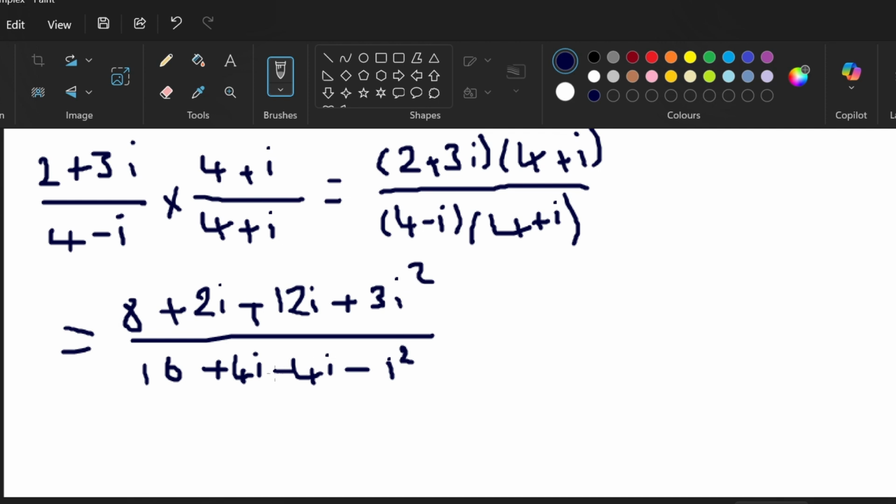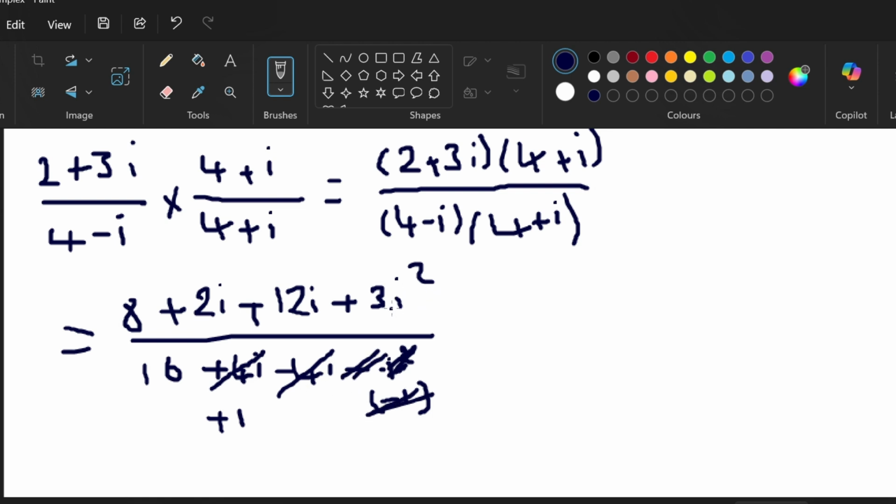And to simplify this again before we move on, plus 4i and minus 4i are going to cancel out. This i squared term is going to turn into minus 1, and minus minus 1 is plus 1. So this on bottom is going to be 16 plus 1, since a minus times a minus is a plus.